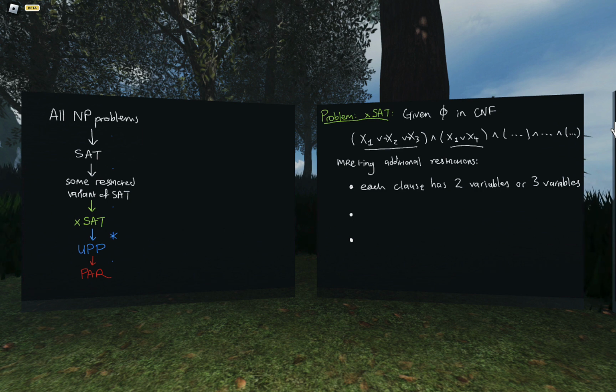The next restriction is, let me just find my list to make sure I'm getting this exactly right. The variables themselves, so the clauses have at most 3 variables. The variables also have 2 or 3 occurrences. So each variable appears, the number of clauses it appears in is restricted.